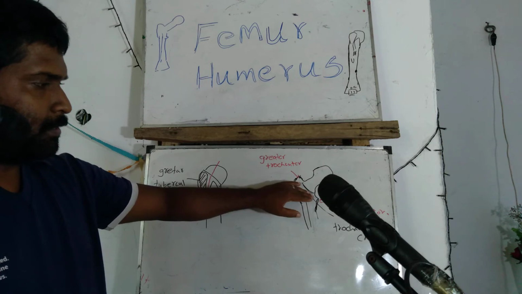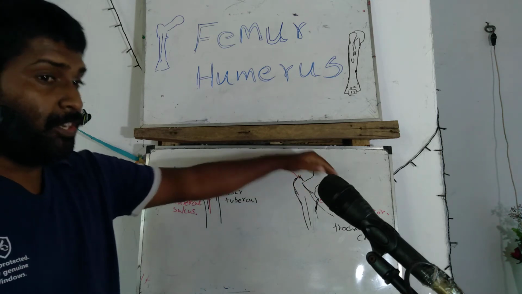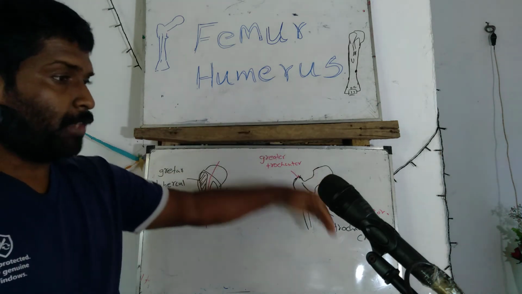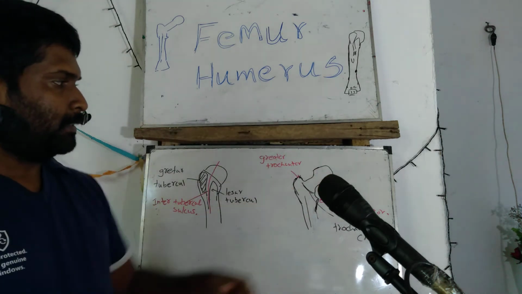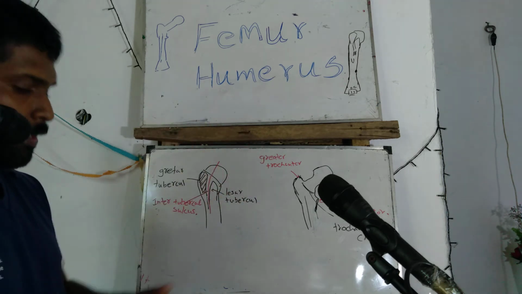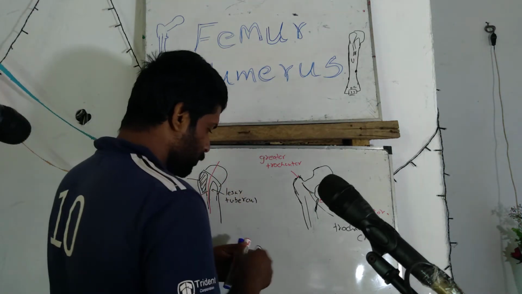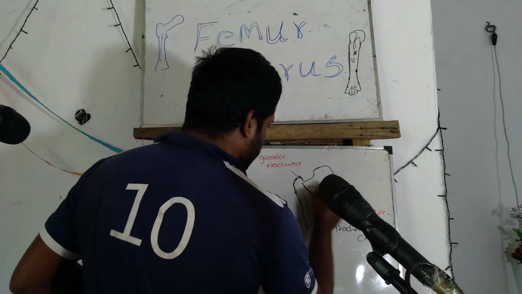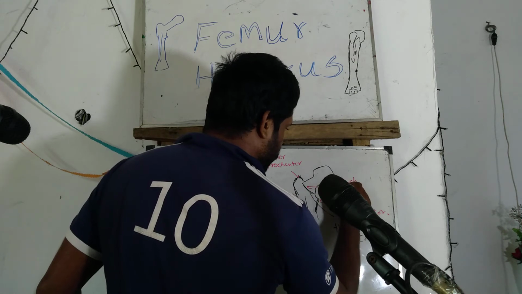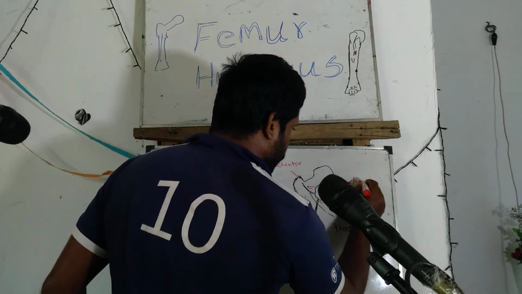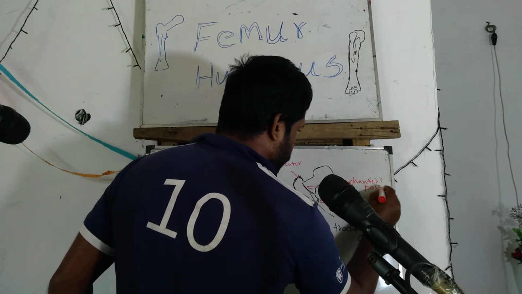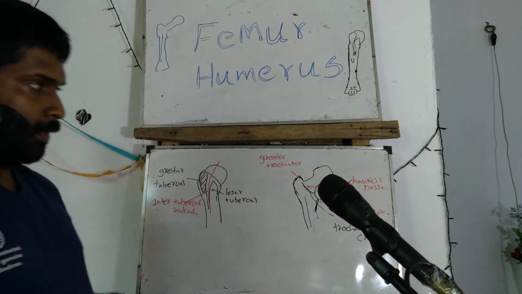Anteriorly, this crest goes superiorly and medially, and the downward area there is called the trochanteric fossa.